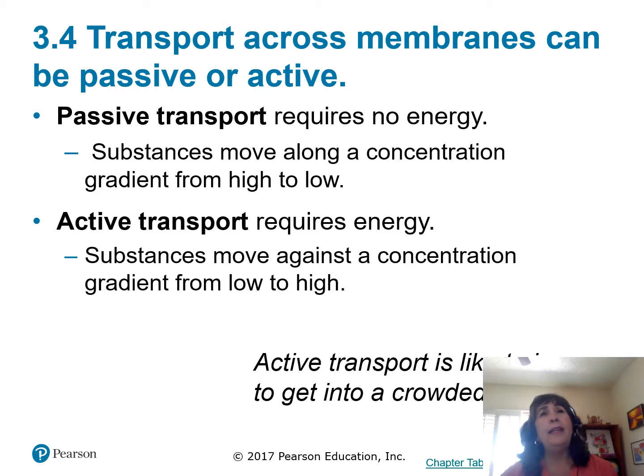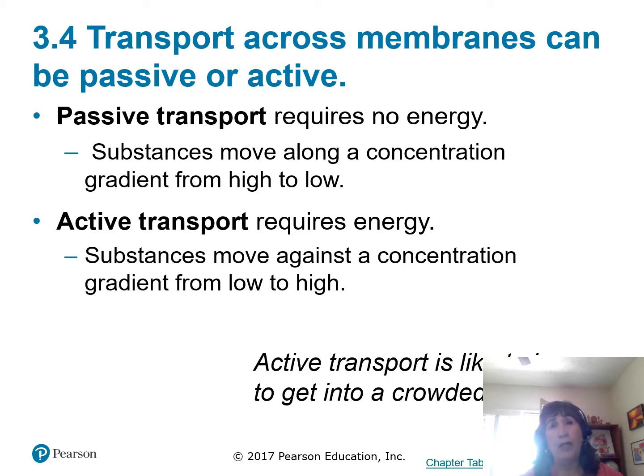The other thing that we need to consider when materials are going across a membrane is it passive transport or active transport? Passive transport requires no energy. In other words, substances move along a concentration gradient. They move from a high concentration across a membrane to a low concentration.